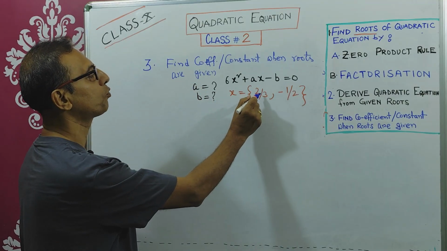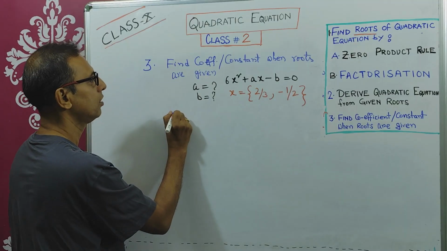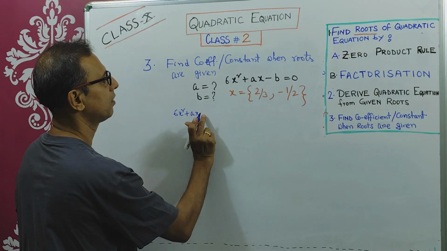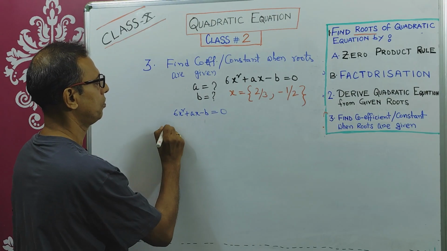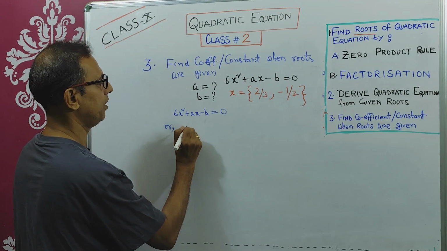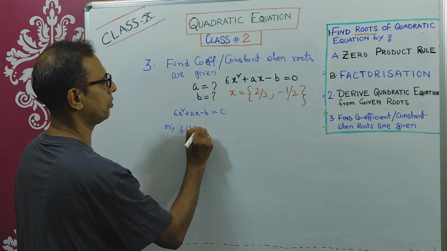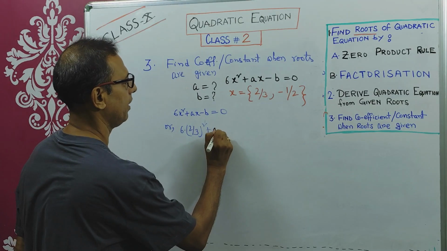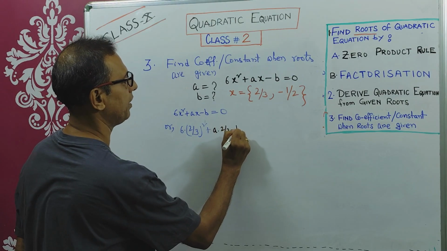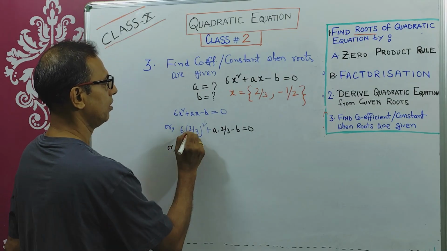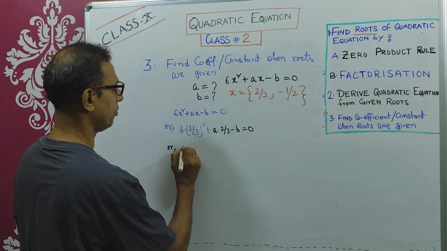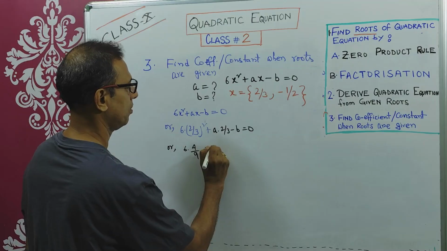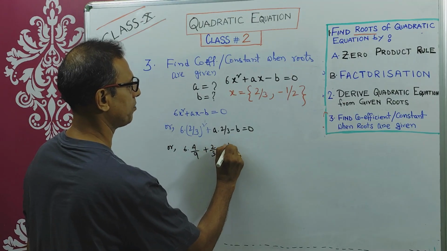So first you put the value of 2/3 in this particular equation. 6x square plus ax minus b equals 0, or 6 into 2/3 square plus a into 2/3 minus b equals 0, or 6 into 2/3 square means 6 into 4/9 plus 2/3 a minus b equals 0.